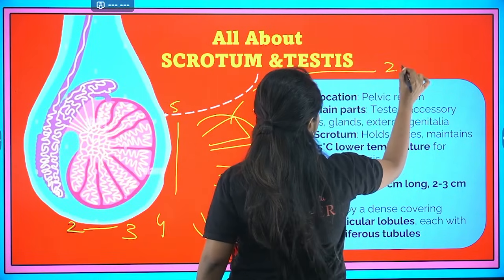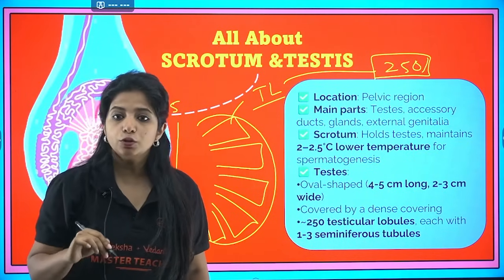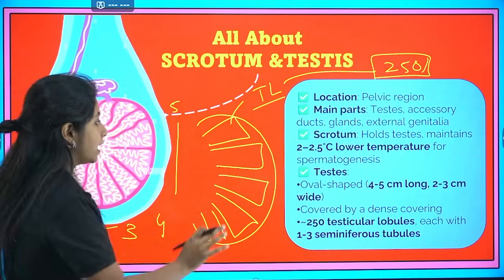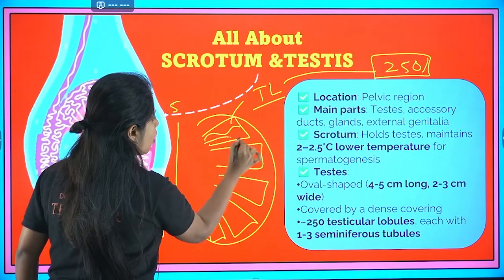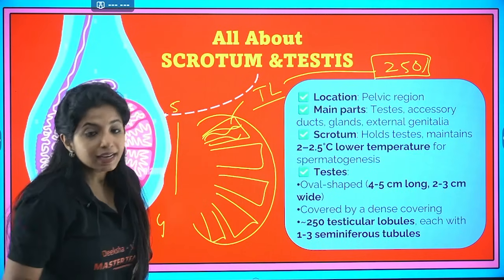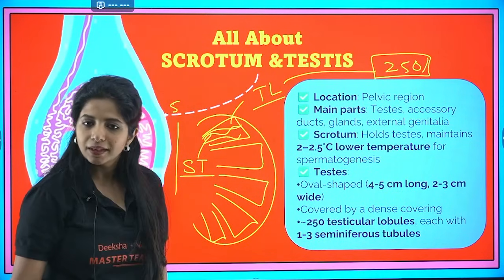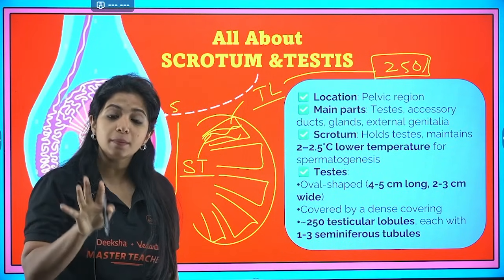Basically 250 of them. And the crazy part is that inside each testicular lobule, you will have almost 1 to 3 seminiferous tubules. So 250 testicular lobules, and inside them 1 to 3 seminiferous tubules each.